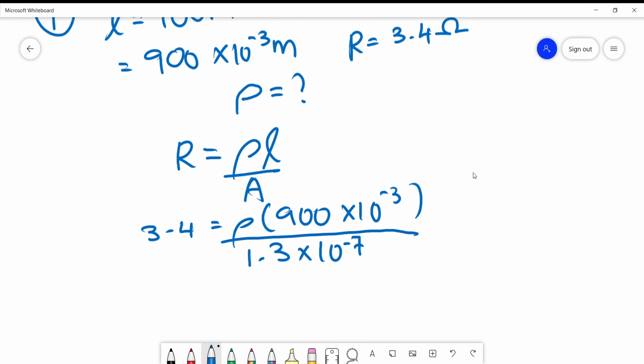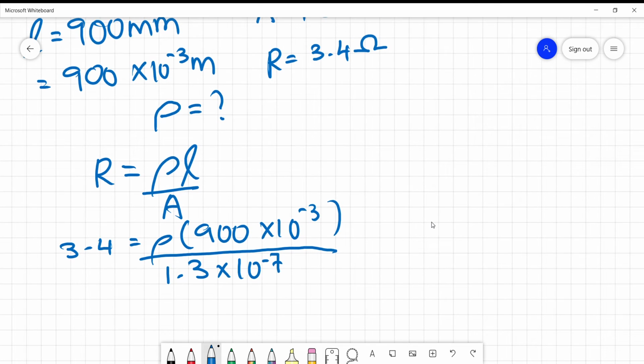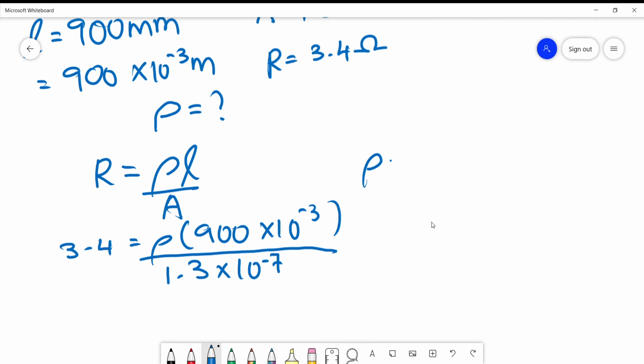Calculating the resistivity, I get 4.91 times 10 to the power negative 7 ohm meters. The SI unit for resistivity is ohm meters.